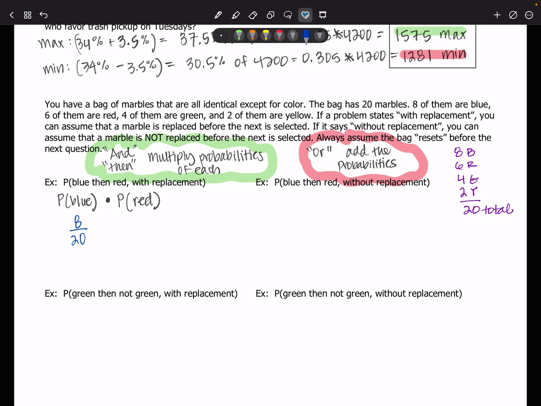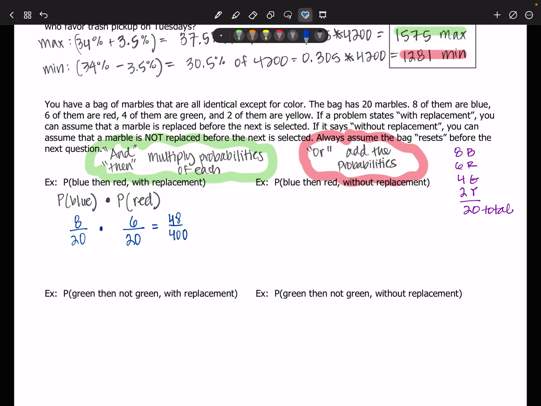So the probability of choosing a blue marble would be 8 out of 20. The probability of choosing a red marble, if we've replaced that blue marble, would be 6 red out of a total of 20 because we replaced the one that we chose the first time. We put it back in, so we still have 20 marbles. And then we multiply across and we get 48 over 400.